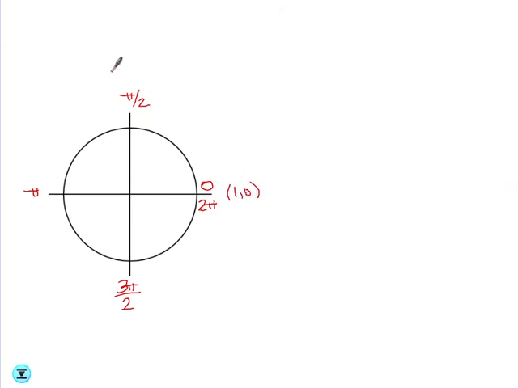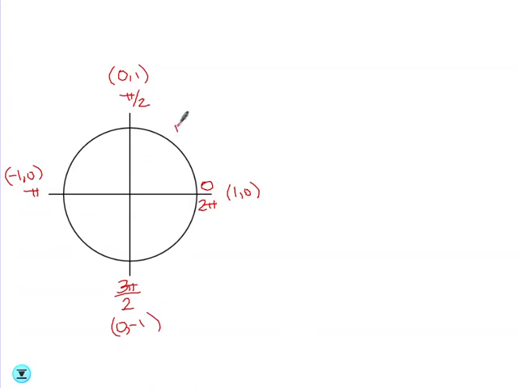For pi over 2, we have 0, 1. Pi is negative 1, 0. 3 pi over 2 is 0, negative 1. These are the points that we used when we graphed sine and cosine functions.